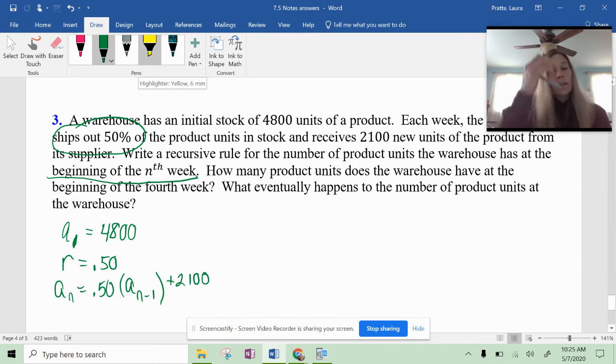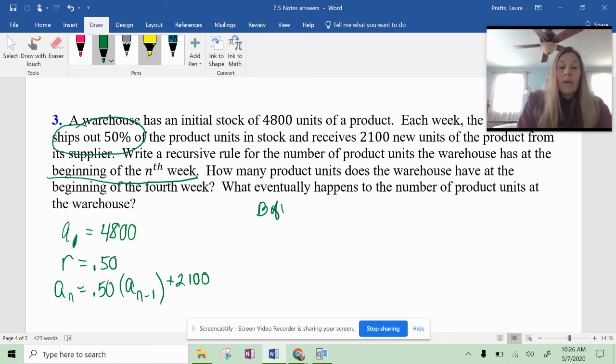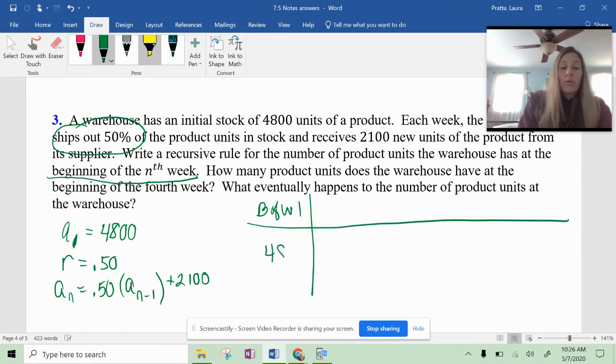Okay, so it says write a recursive rule for the number of product units the warehouse has at the beginning of the nth week. And then it says how many product units does the warehouse have at the beginning of the 4th week, right? So at the beginning of week 1, we know that there's 4,800. So that's why when my n is 1, my A sub n is going to really be A sub 1, right?